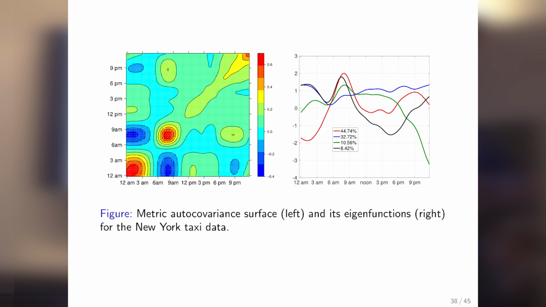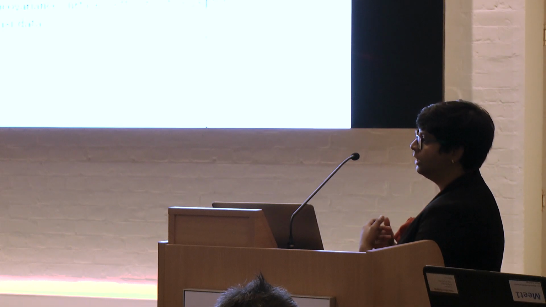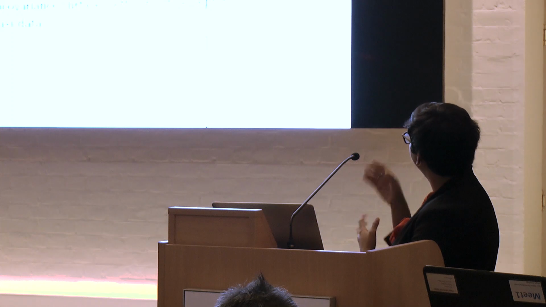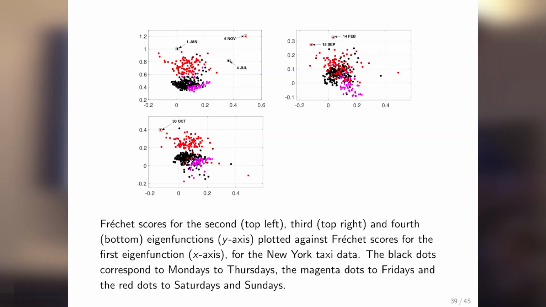So it's kind of intuitive from what we can imagine, and the eigenfunctions also are peaked around the morning commute mostly and show contrast for different timings of the day. So what I really want to illustrate here is the Fréchet scores this time, and we see very meaningful patterns in the data, because weekends and weekdays are very nicely separated.